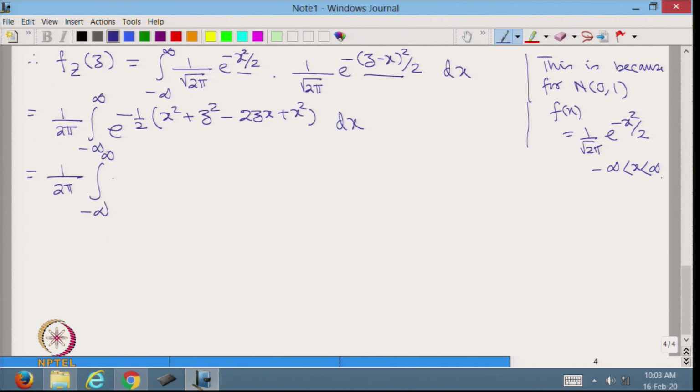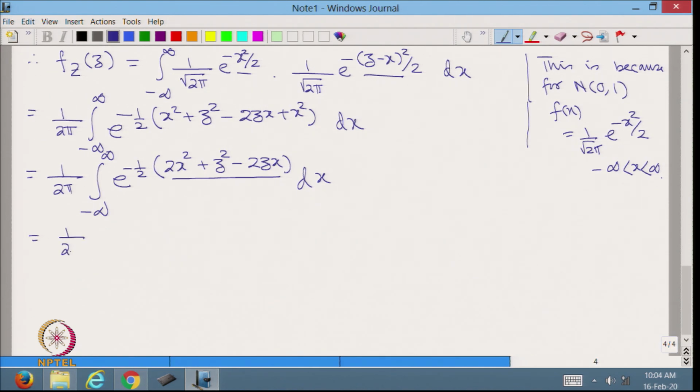This is equal to 1 over 2 pi, the integral from minus infinity to infinity of e to the power minus half into 2 x square plus z square minus 2 z x, dx. Now, we try to write it in the form of a square.